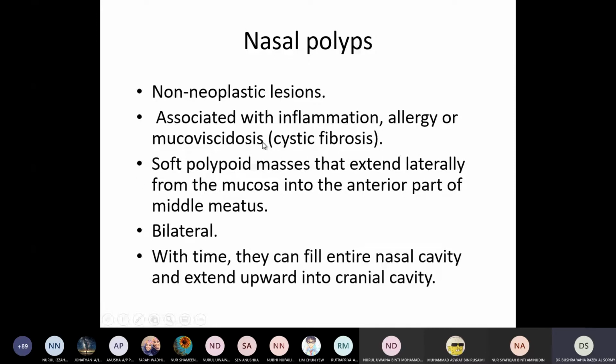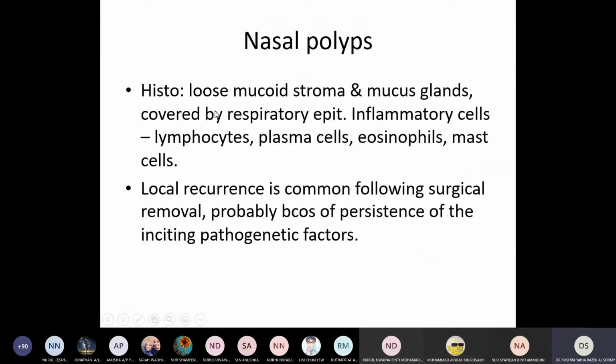It is a soft polypoid mass that extends laterally from the mucosa into the anterior parts of the middle meatus, usually bilateral. With time, they can fill the entire nasal cavity and extend upward into the cranial cavity.